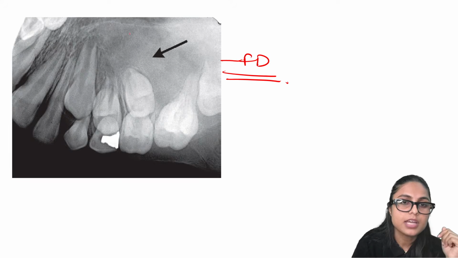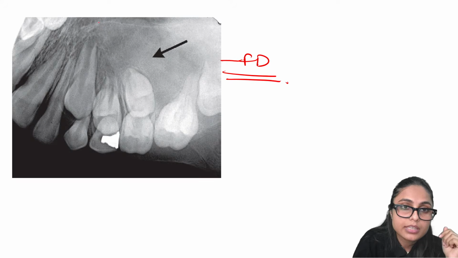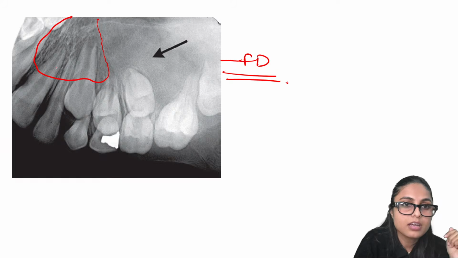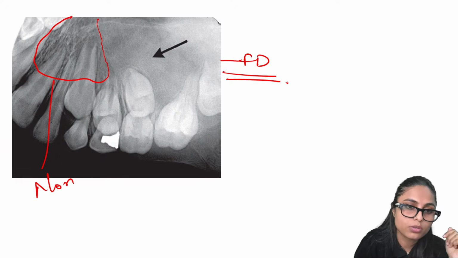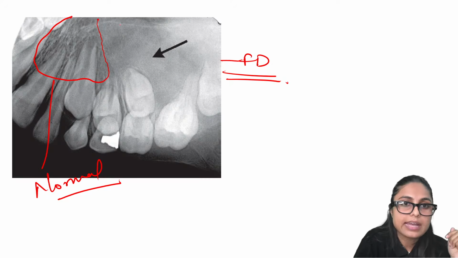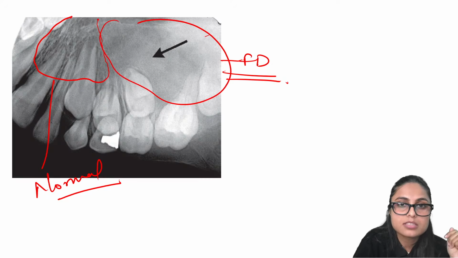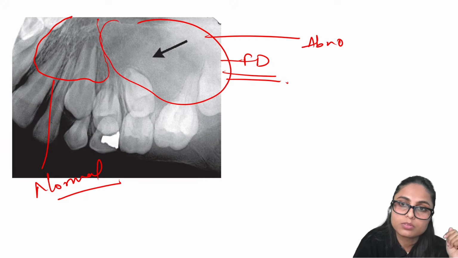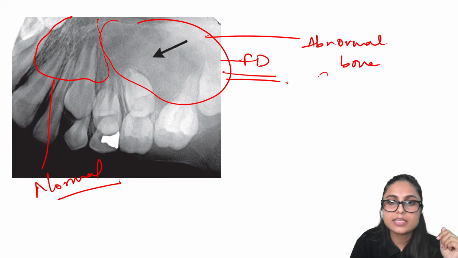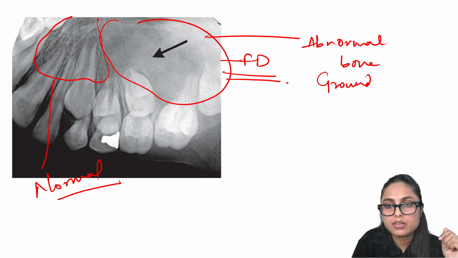If I talk about the border of it, can you see this area? This area is normal bone, and this area is abnormal bone. This gives us which appearance?